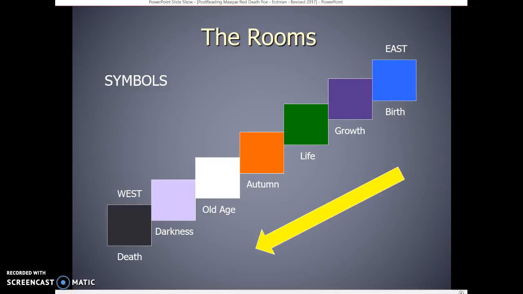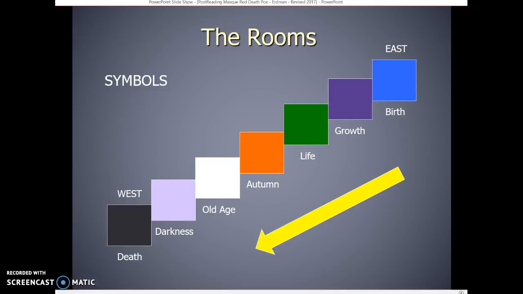So each one of the rooms is a symbol of something. Also in the story, the rooms are a symbol of east and west. They're actually situated from right to left. So the blue room starts in the east, and then the last room ends in the west. So again, that's just the symbols.